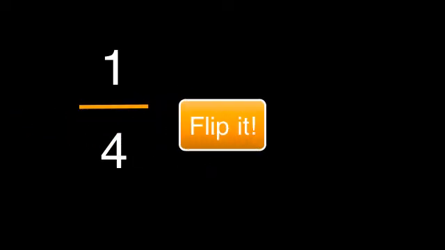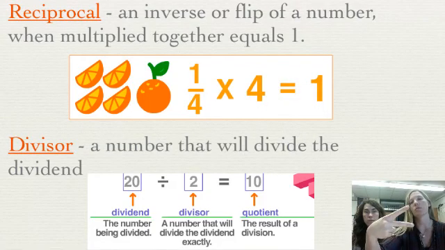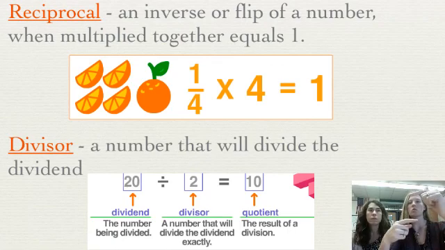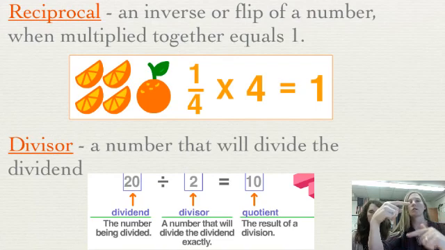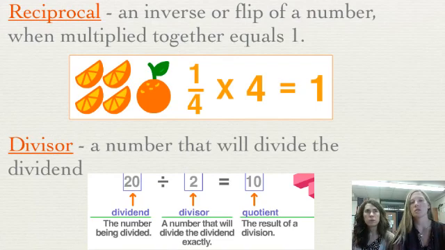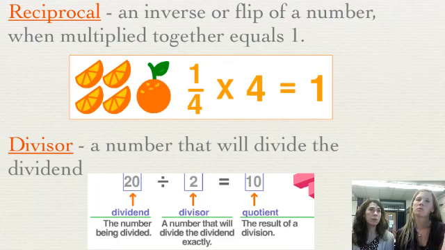Or if I had 4, the reciprocal of 4 is 1/4. You're flipping it. So imagine a fraction and trading the numerator and denominator, and there's the reciprocal. It's as simple as that. So you could have a fraction like 3/4, and then the reciprocal would be 4/3.